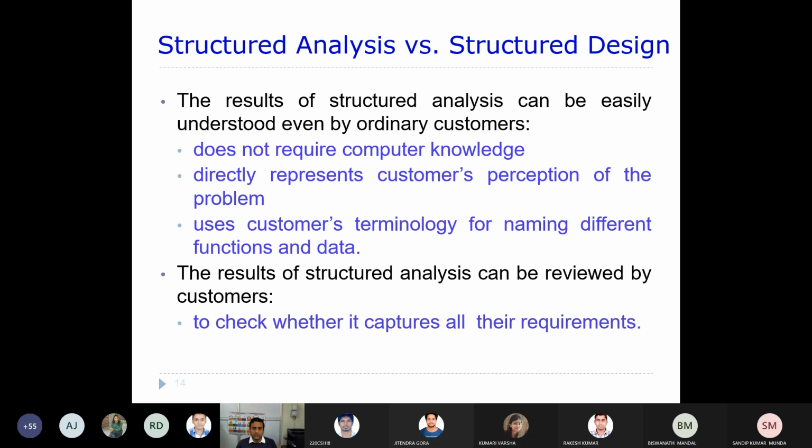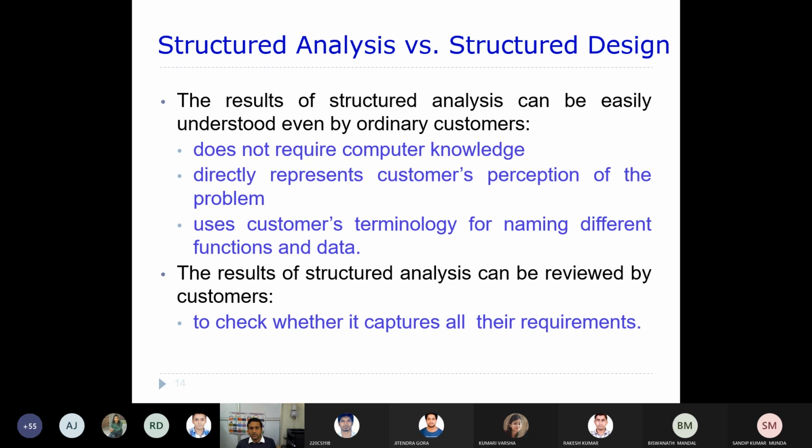Before that you need to know here, the representation is very simple, and it only uses the terminologies that a customer can easily understand.